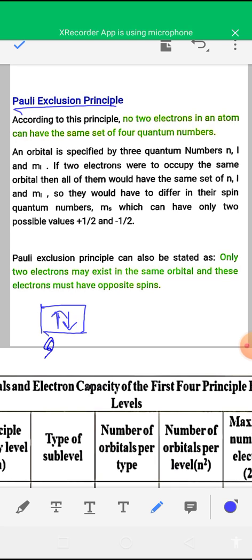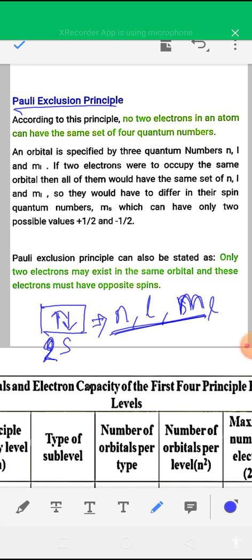For example, if two electrons with opposite spin are present in the same orbital, suppose in the 2s orbital, then the values of all the 4 quantum numbers for both electrons will not be the same. As both electrons are present in the same orbital, the values of the principal quantum number, azimuthal quantum number, and magnetic quantum number will be the same, but the value of the spin quantum number for both electrons will be different.